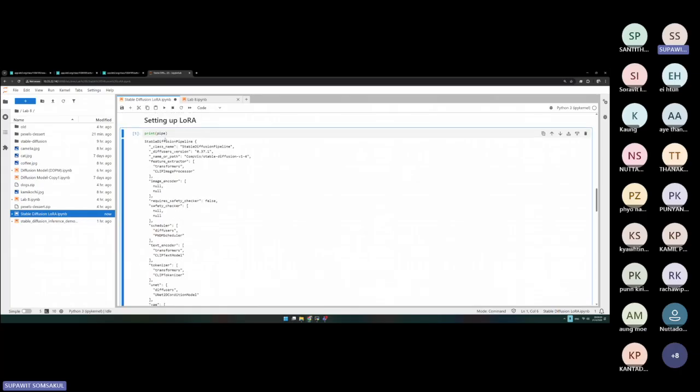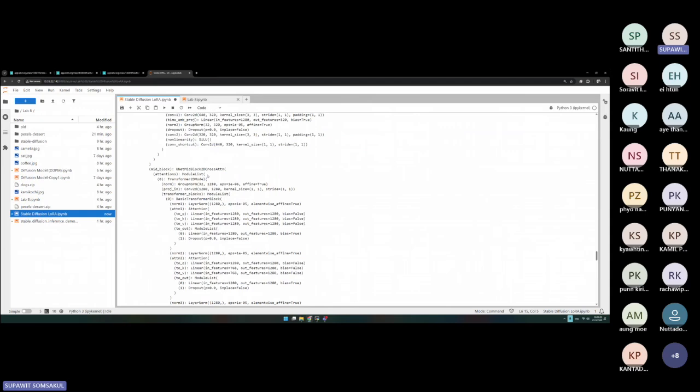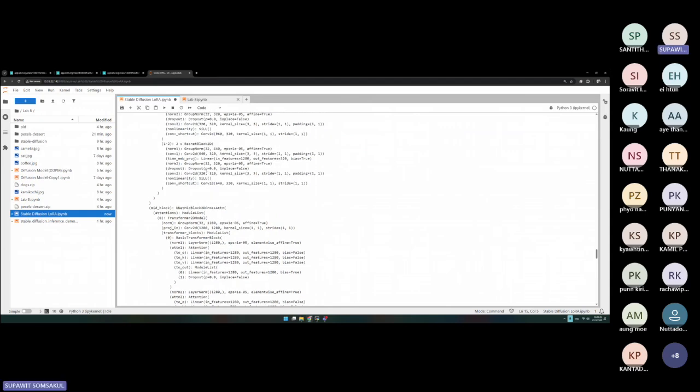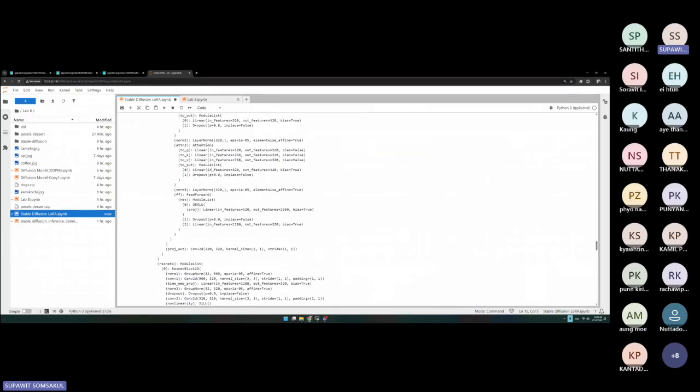If we go inside the UNet, you can see that it contains a lot of layers, a lot of blocks, and just like in doing LoRA with transformers, we are going to target the Q, K, and V layers of the module. So we are going to target Q, K, V, and out.